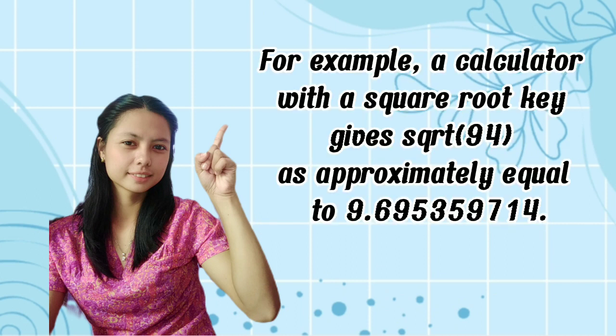For example, a calculator with a square root key gives the square root of 94 as approximately equal to 9.6953599114. So that is the value of the square root of 94.